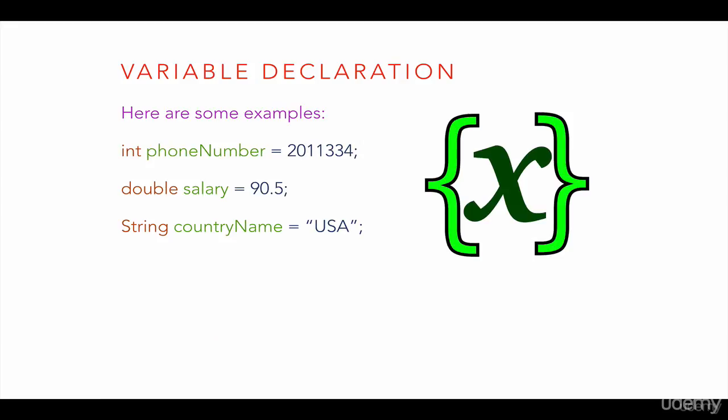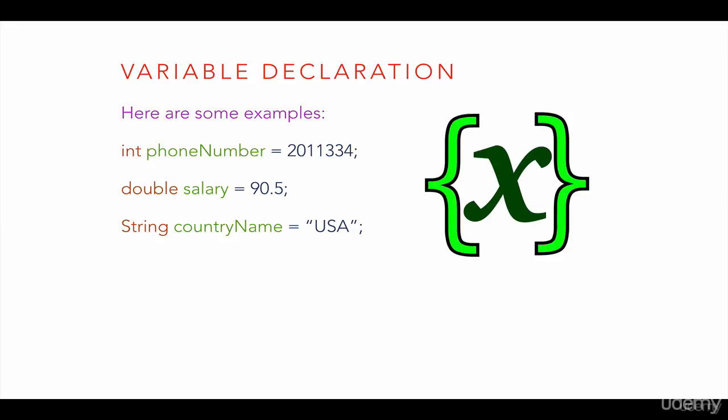Okay, I'm starting my variable name with a lowercase letter, and for the next words, I'm using an uppercase letter. For example, phoneNumber, countryName, or tableName. Okay, or other names which we will be more familiar with later in the course.